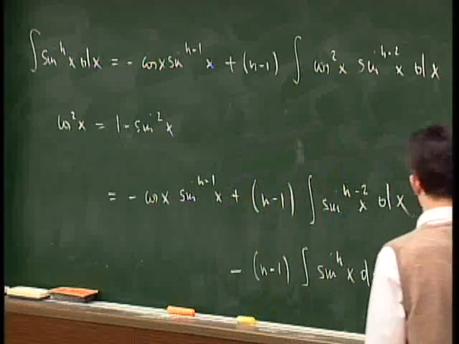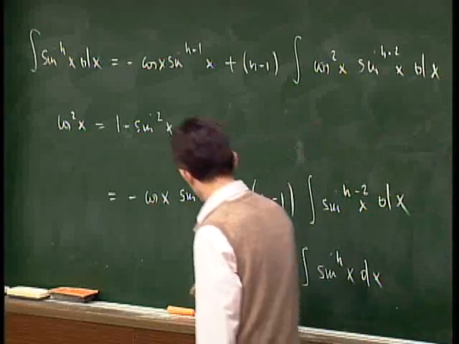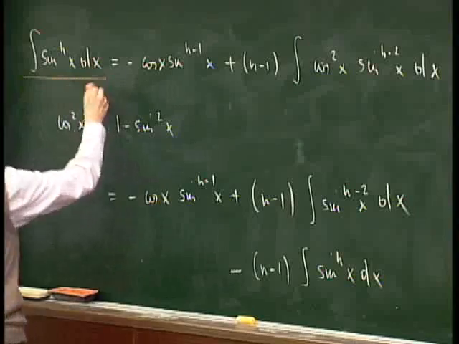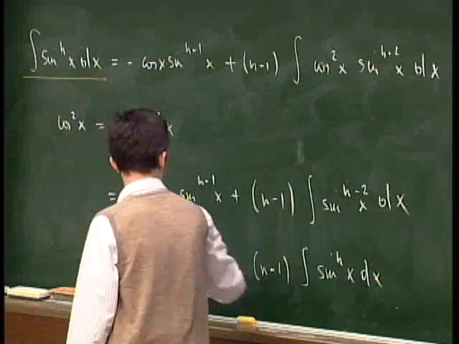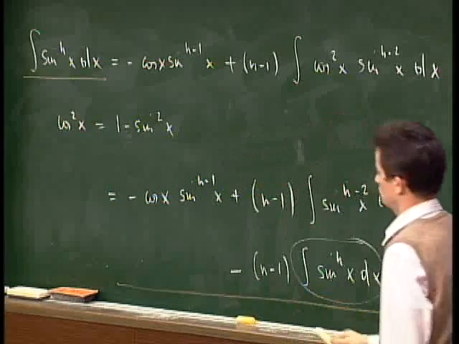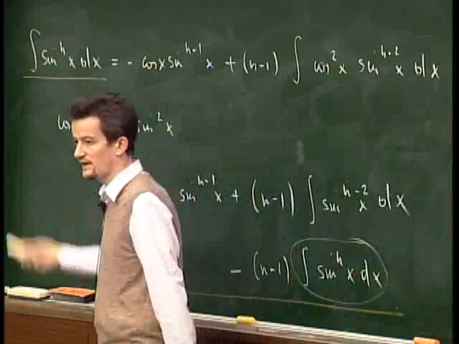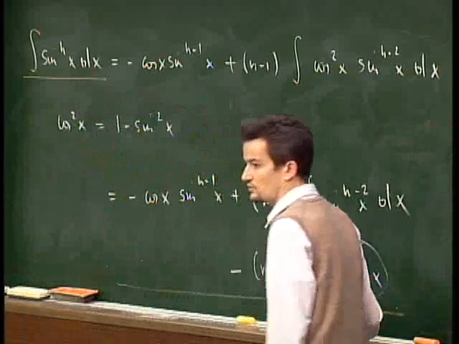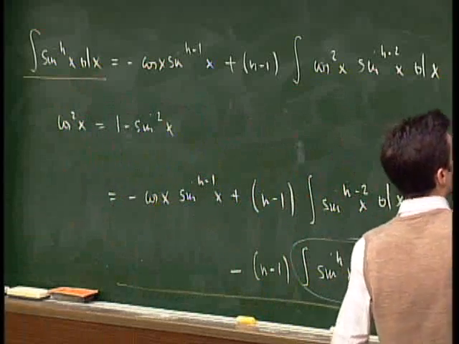Now, what have we gained from this? Again, you look at the whole equation, and what you want to compute is this here. So you put it on the other side and divide everything by n, and you get the following formula.